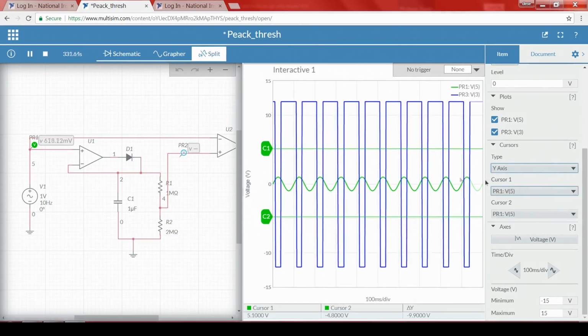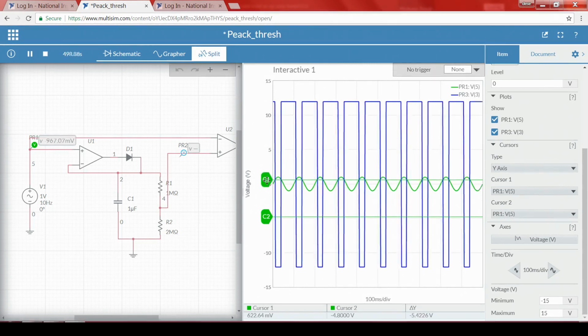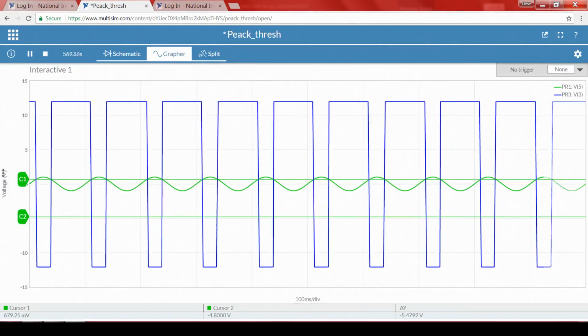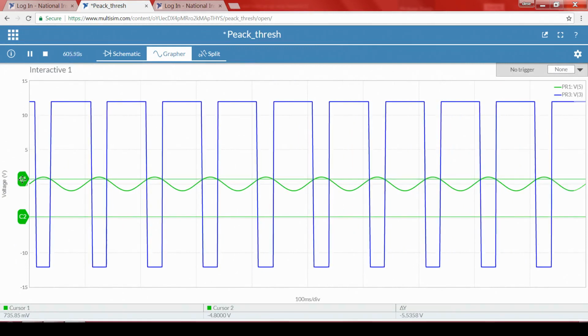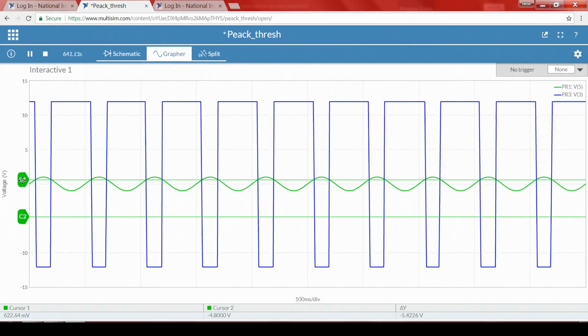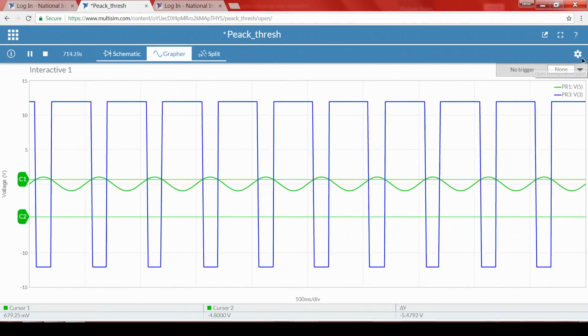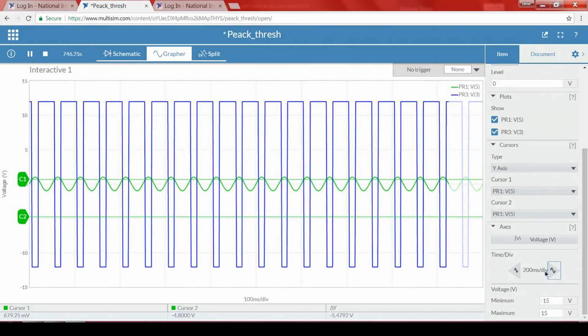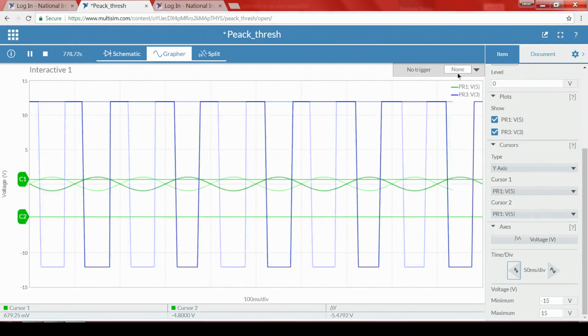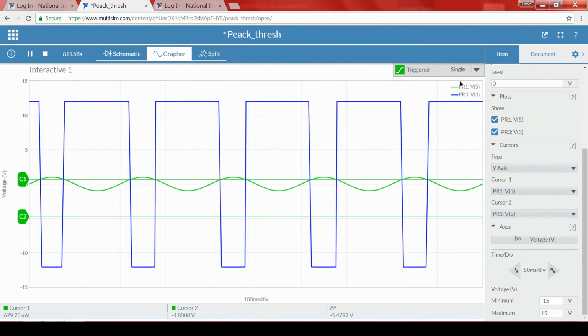I will take a y axis cursor and keep it somewhere around, and if we observe the cursor value, it should be somewhere around 666 millivolt. Okay, somewhere around roughly 679, and let me zoom a little bit so that it is easy to understand for us. Make it auto or single, yes.